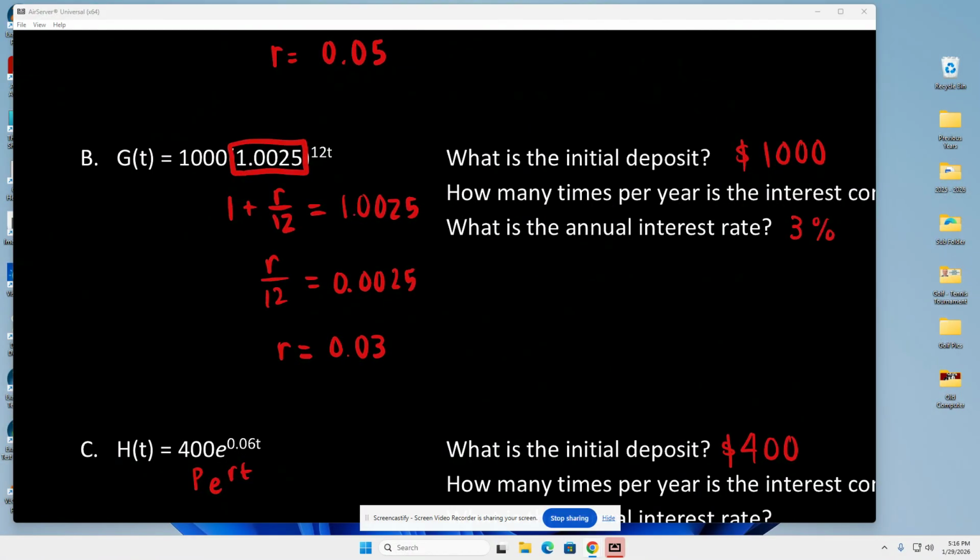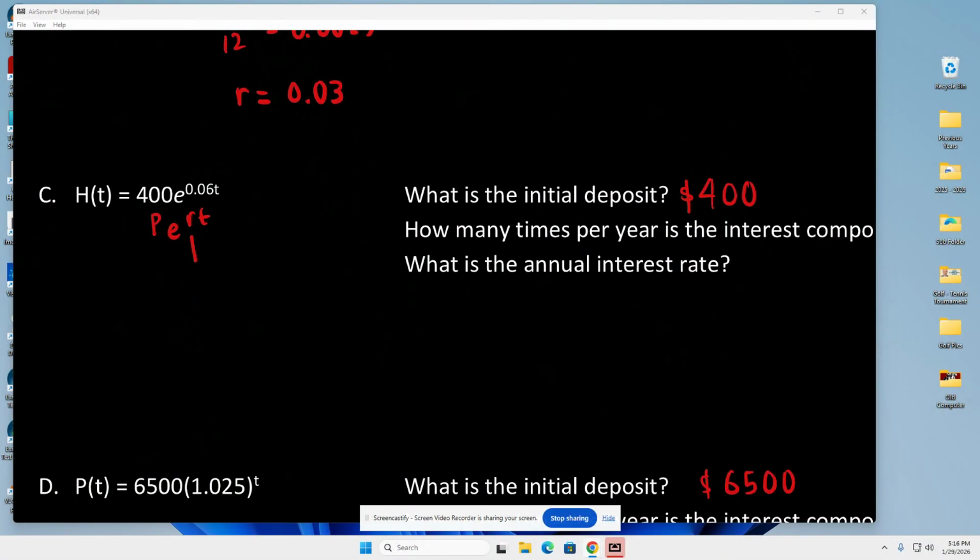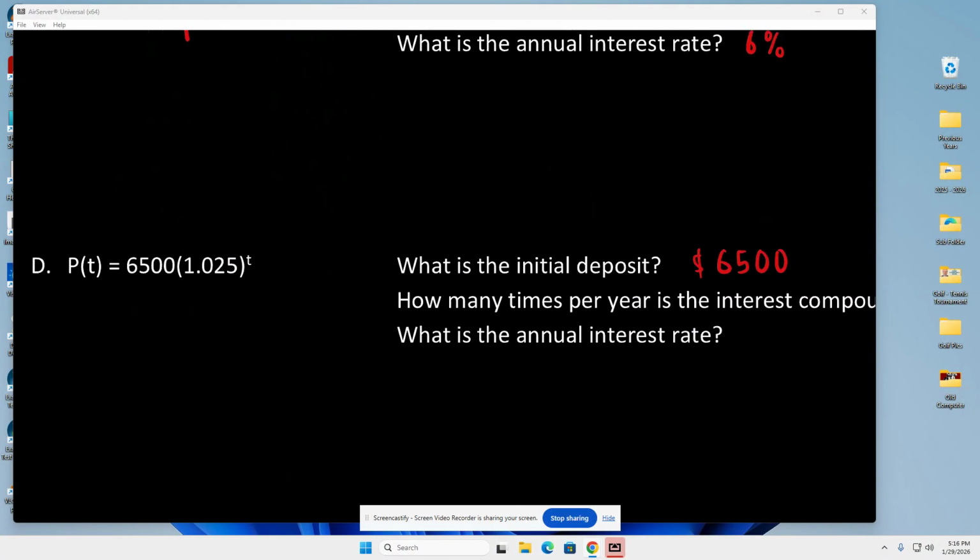Okay? Hopefully that makes sense. C is the easiest one. Remember, isn't r just right here? Isn't this r 0.06? 6%. And the last one's pretty straightforward too. Remember, this was derived by 1 plus r over 1. So I subtract that 1, and r divided by 1 is r, so I'm literally left with 0.025. That's 2.5%.